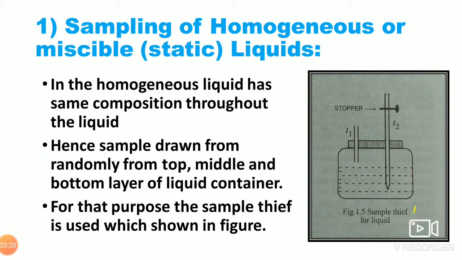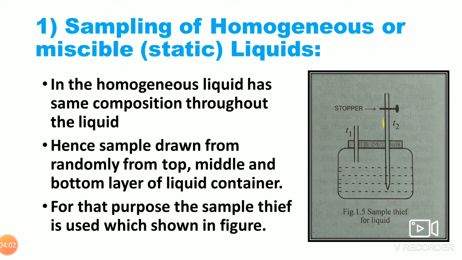This apparatus consists of a bottle, or you can say a sample container. This sample container holds the liquid. This is the sampling liquid that we have already kept in this container. And this is the tube T1, which is very short and stays above the liquid, that means it does not go deep into the liquid, and it is without a stopcock.